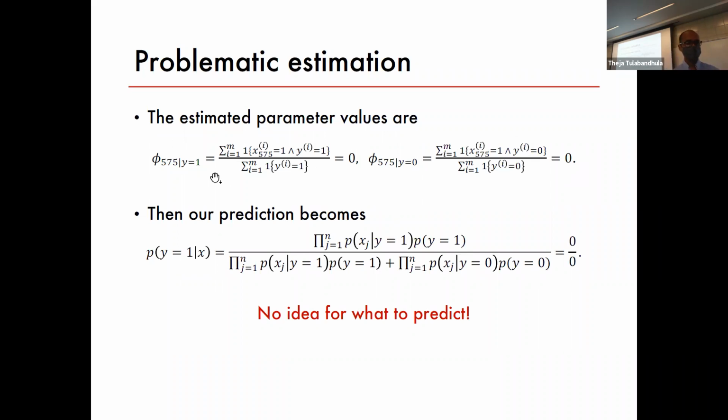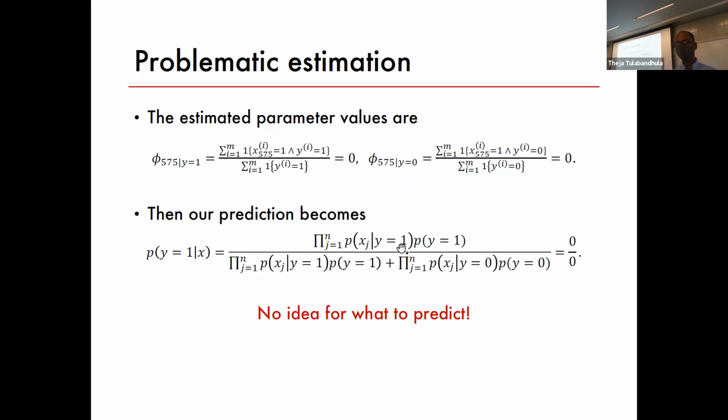Because then what happens is, if you have this estimate for the 575th word, when you make a prediction for a class given an input, and in that input the word is present, there is an issue because one of the parameters is exactly this. The p of x_575 given y equal to 1 is exactly one of these terms. It's a product of such terms.